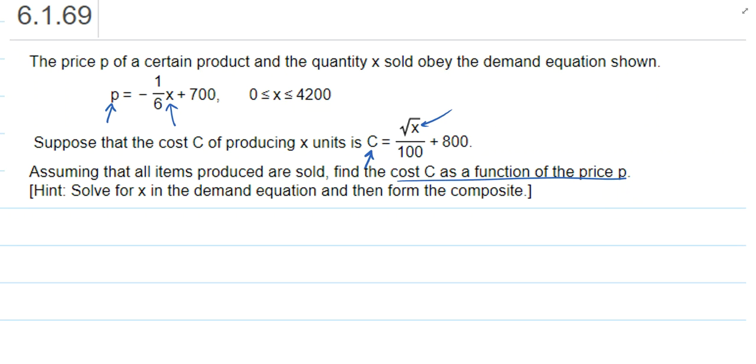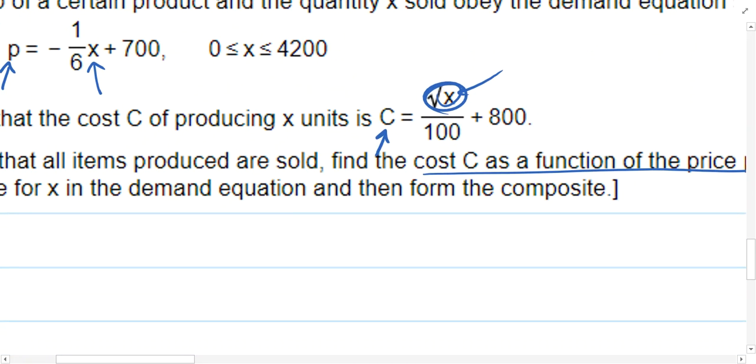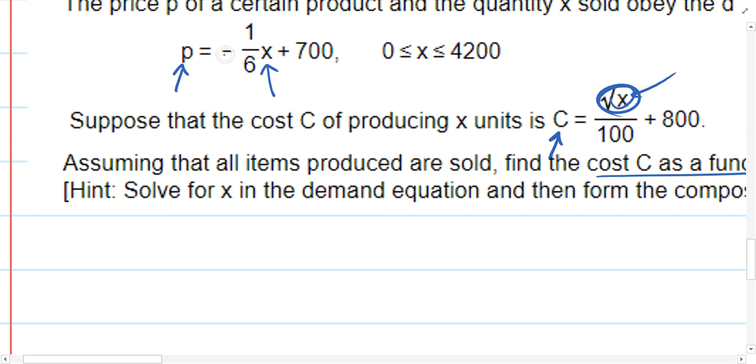but the problem that we have is that the cost function was written in terms of X, our demand. And that's not too much of a challenge, because we know how the price is going to relate to the quantity demanded. We could simply isolate X in terms of P, and then we can make the substitution.